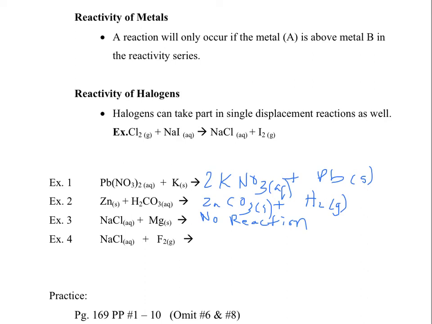Example 4. I check on the activity series for halogens. Here, I have a halogen that's by itself. And if you check the list, fluorine is higher than chlorine in terms of reactivity. So the fluorine can steal the sodium.